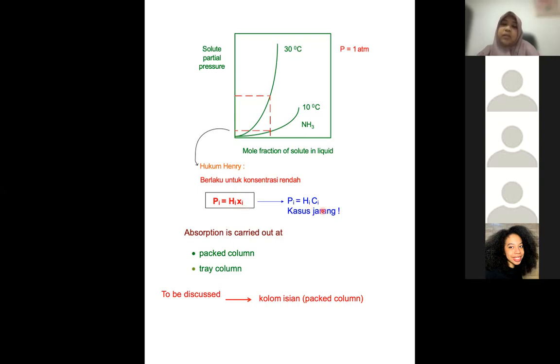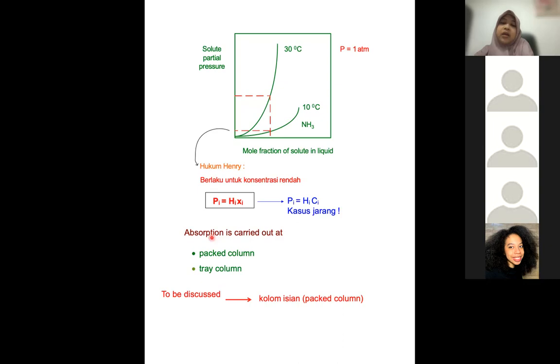Sometimes there is Hi multiplied with the concentration, but mostly we use this one. So if for any pair of components between the solute and the absorbent you have the data of Henry's law, you can make a plot between Pi and Xi. This is your equilibrium data.